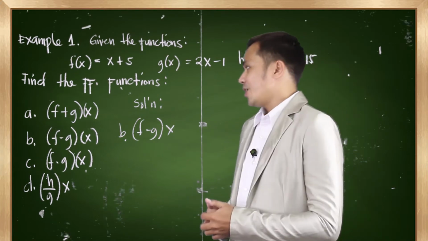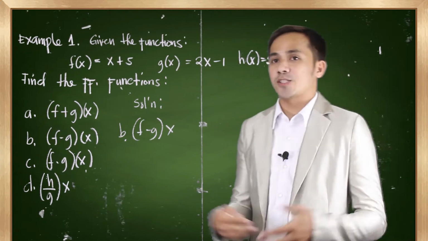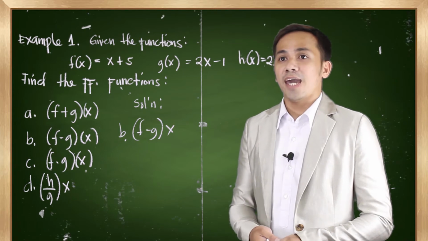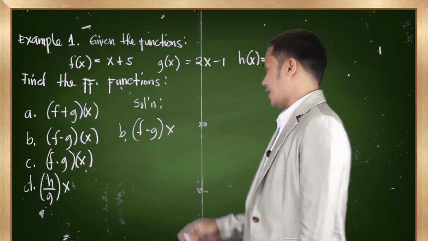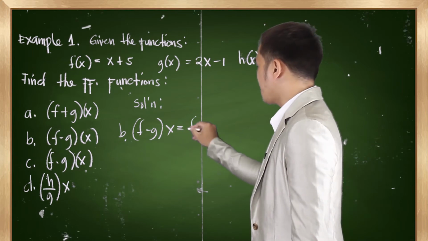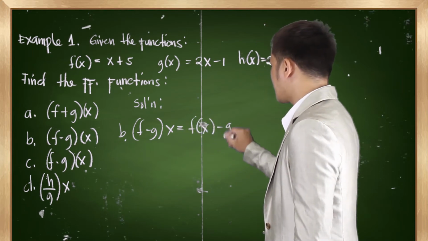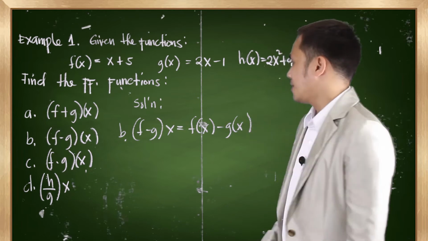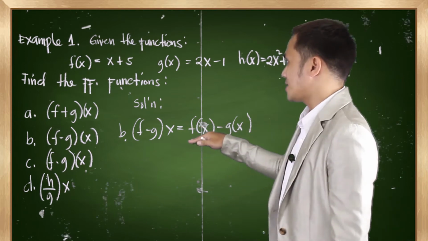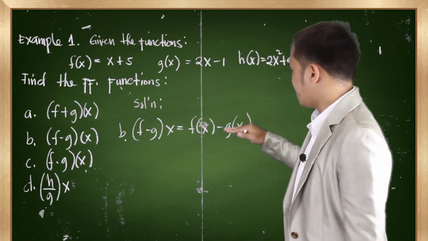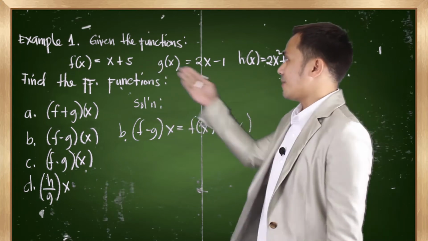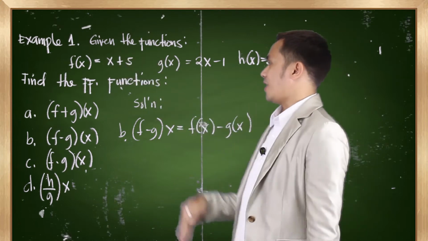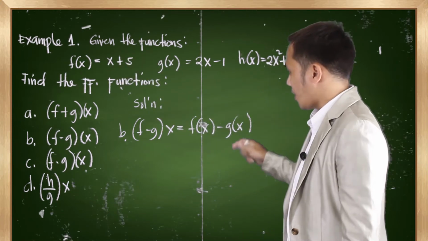For letter B, we are going to find the difference of the two functions f and g of x. We all know that f minus g of x can be written in the form of f of x minus g of x. Since f of x is equal to x plus 5 and g of x is equal to 2x minus 1, we can substitute the values of f of x and g of x into the equation.